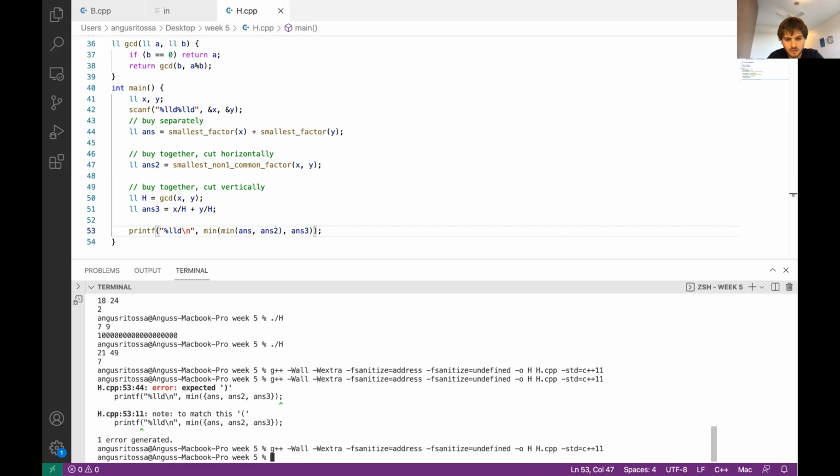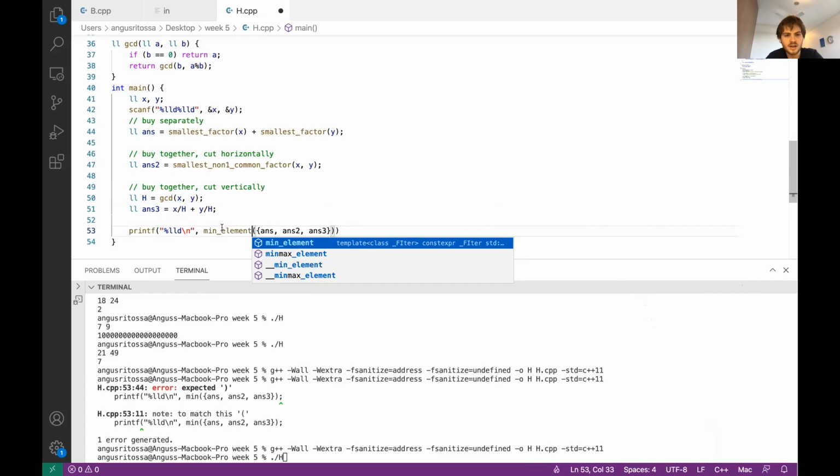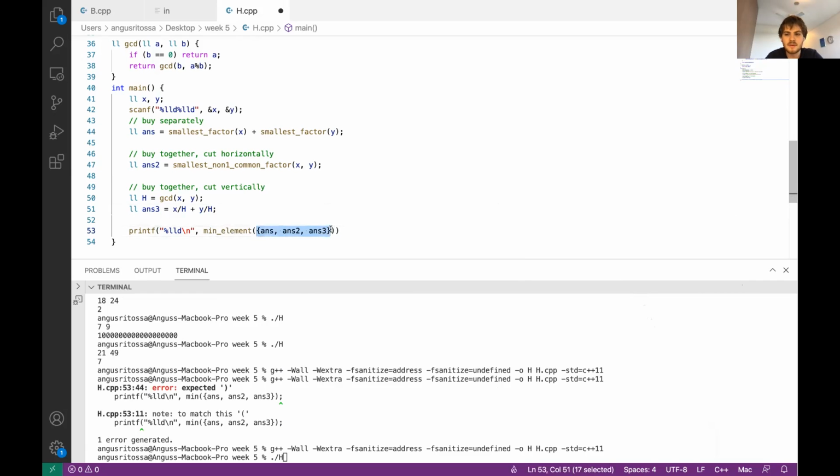If we run our code on some input, oh, it's min element for a vector. I see, I'm getting Python and C++ confused. So we can do ans2, ans3. If we give it min element, when you give it a vector, I need to give it the dot begin, dot end. Okay, that's a bit of a pain.